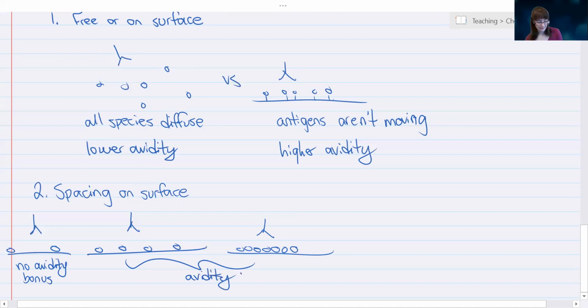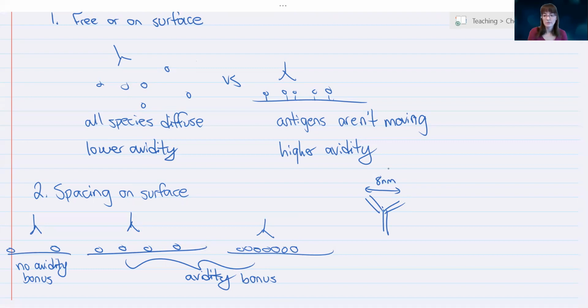Okay. So spacing matters too, and it's worth noting the typical distance on an antibody between the two Fab binding arms is about 8 nanometers. And so that becomes a good benchmark for how far apart your species should be that you're trying to bind to.